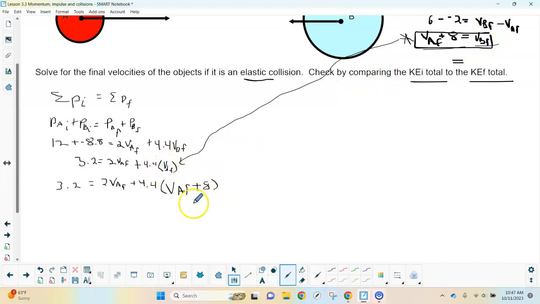Okay, when we distribute the math, it turns out to be 3.2 equals 2 VAF plus 4.4 VAF, because I just multiplied 4.4 times that one. And then I also have to multiply it by 8. So 4.4 times 8 is 35.2.